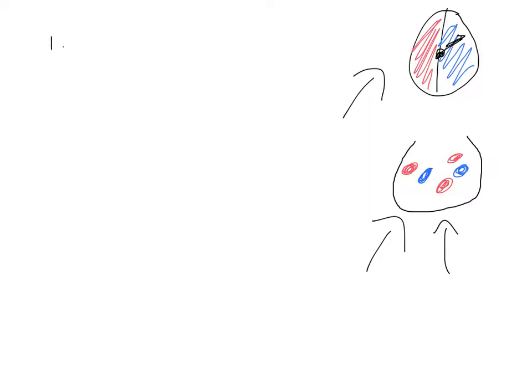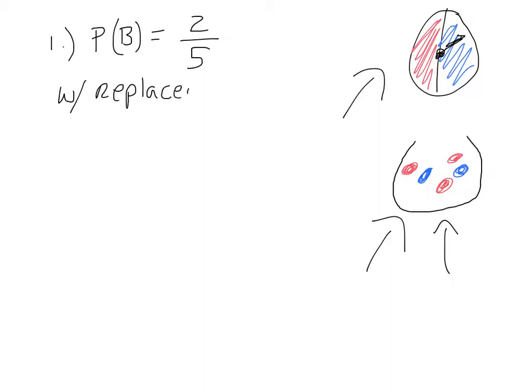Let's play with probability for a little bit. What's the probability that you reach in the bag and get a blue marble? Of course, 2 out of the 5 marbles. There's 2 blue out of the 5. Now, if I put that marble back in the bag, with replacement, assuming I got lucky and got a blue one, or whatever one I got, I'm going to put it back in.